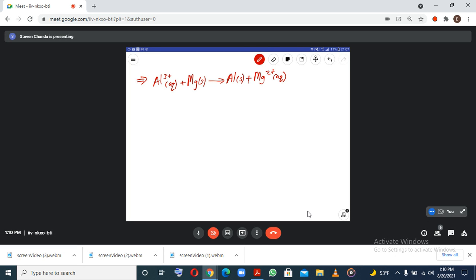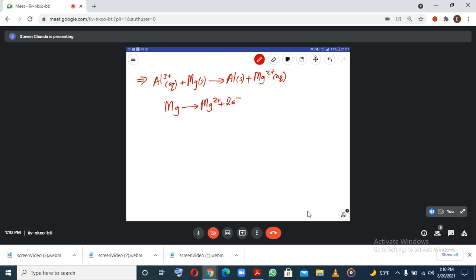So now what we write is that magnesium is being oxidized, okay? So to balance the electrons, we do that.